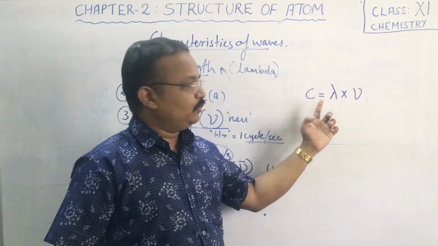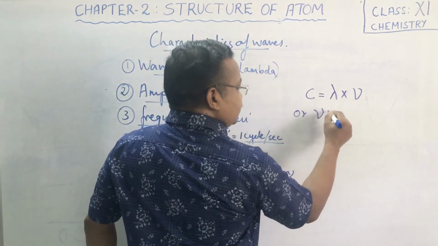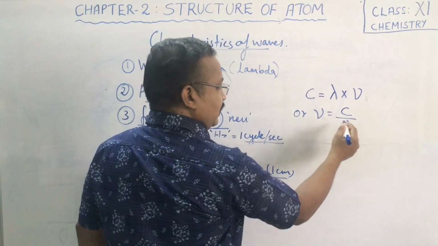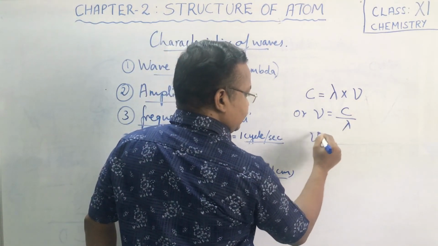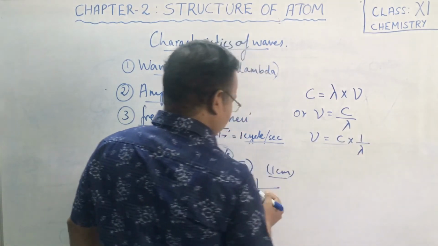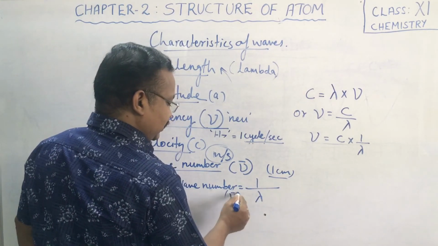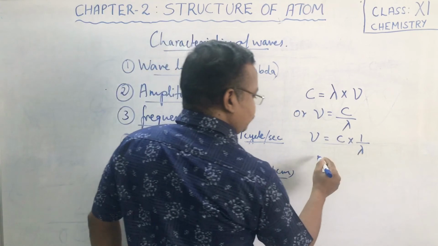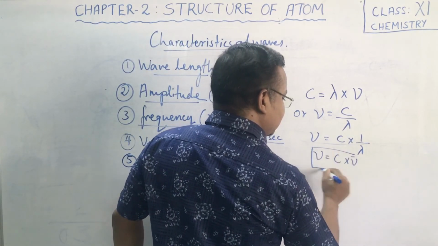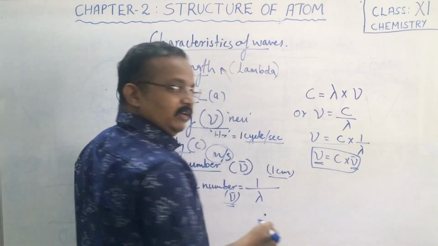So c is equal to lambda into nu, or you can write nu is equal to c by lambda, which is nu equal to c into 1 by lambda. Here 1 by lambda is the wave number, nu bar. So you can substitute: nu is equal to c into nu bar. This is the relation between frequency and wave number.